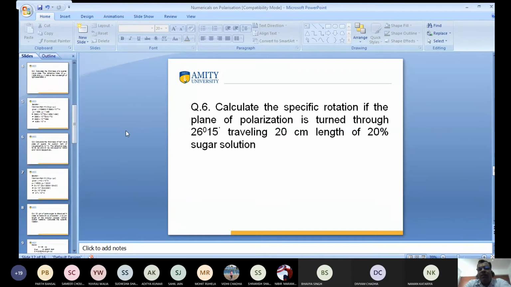Calculate the specific rotation if the plane of polarization is turned through 26 degree 15 minute, traveling 20 centimeter length of 20% sugar solution. It is of a specific rotation.